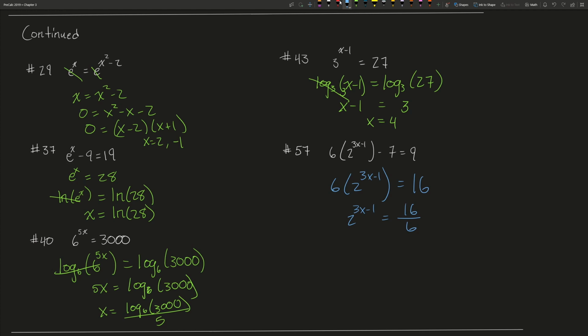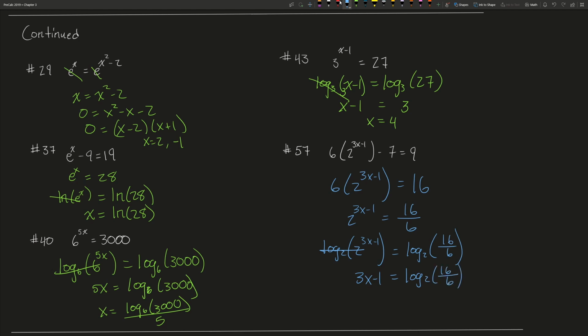In order to cancel out the base of 2, we have to take the log base 2 of both sides. So we get log base 2 of 2 to the power of 3x minus 1 is equal to log base 2 of 16 over 6. When we do this, the log base 2 and the base of 2 cancel. So we'll be left with 3x minus 1 is equal to log base 2 of 16 over 6.